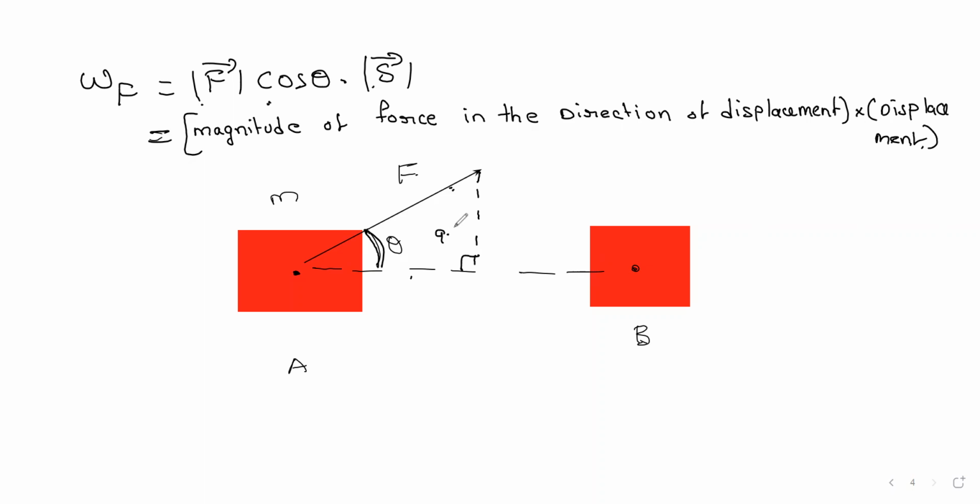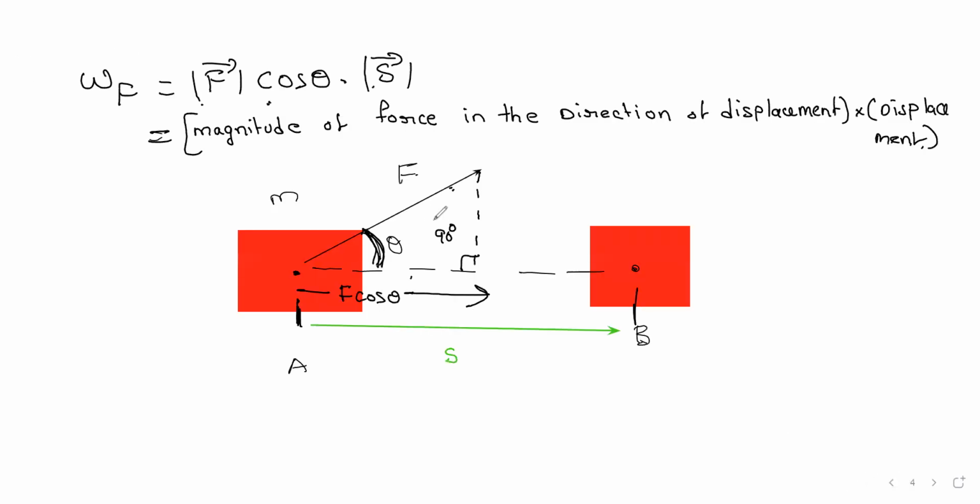This is 90 degrees. So since this is theta, this component is F cos theta. So force in the direction of displacement is F cos theta. So displacement vector is from A to B. So this is the value of displacement, this is force.